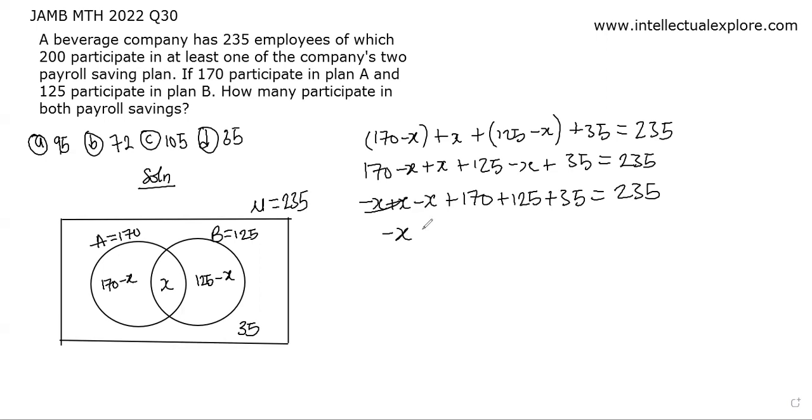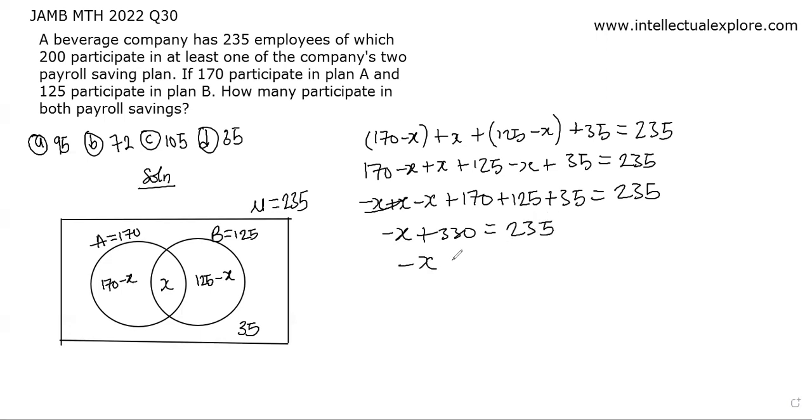Plus, if you add these three, 170 plus 125 is 295, plus 35. That's 330. So 330 equals 235.